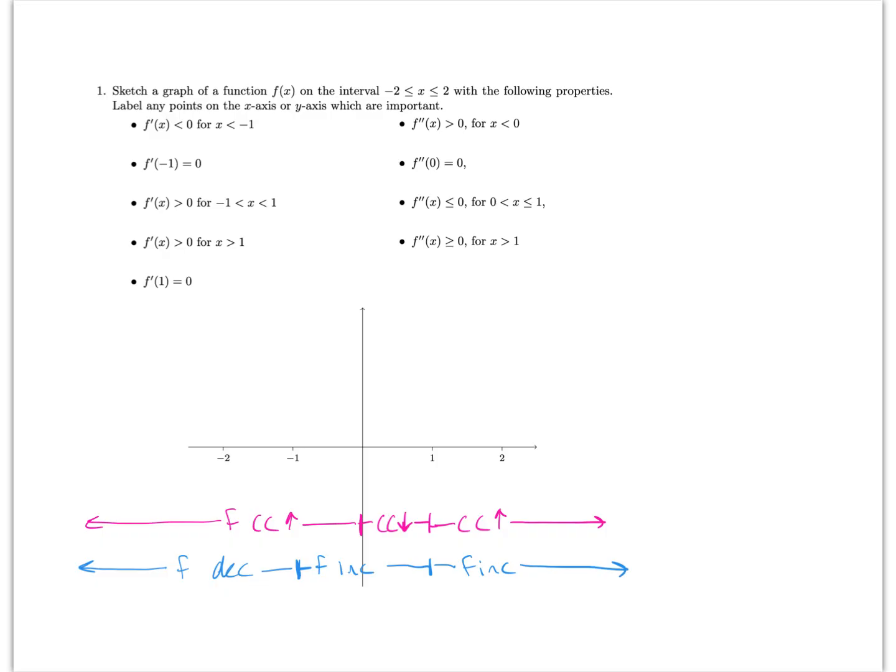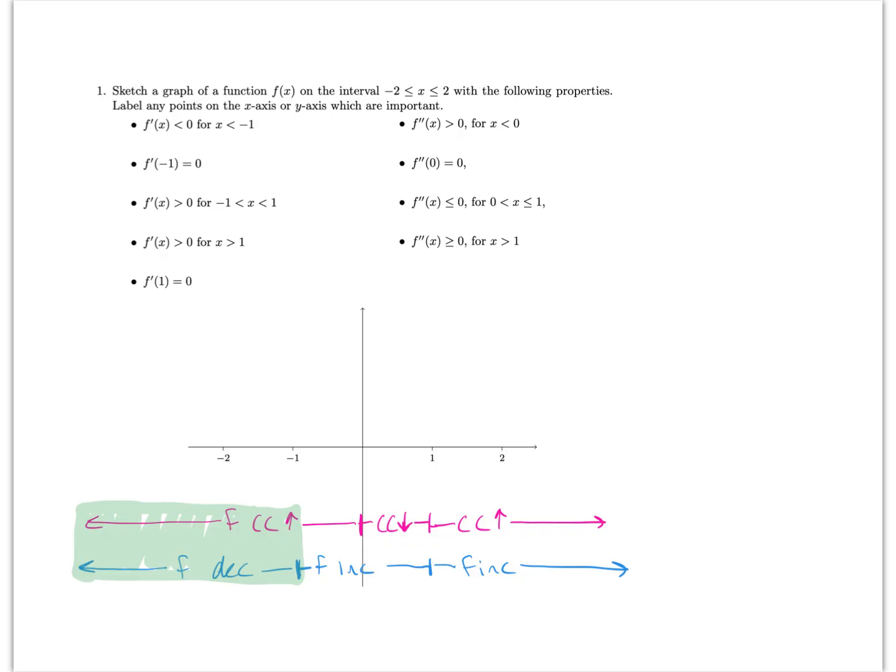Okay, so let's see if I can draw this. I am going to highlight the important places where stuff changes. I'll do green. Right here, for all of this green area, f is decreasing and concave up.